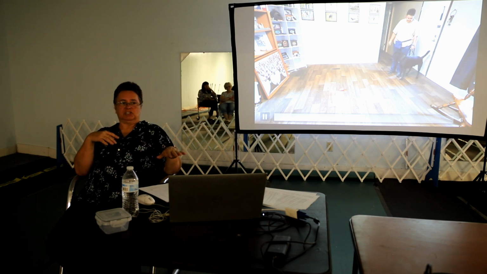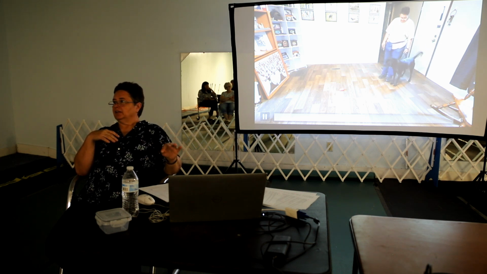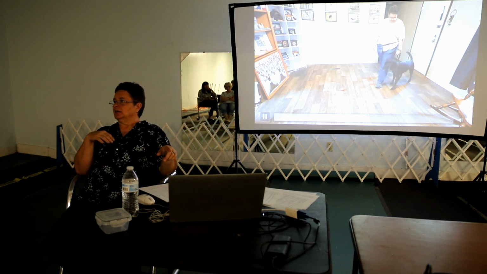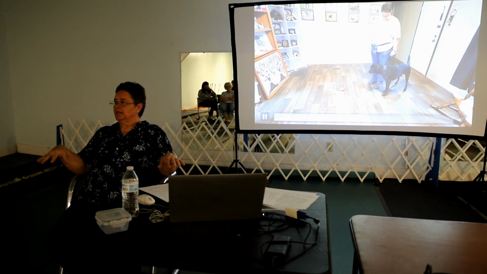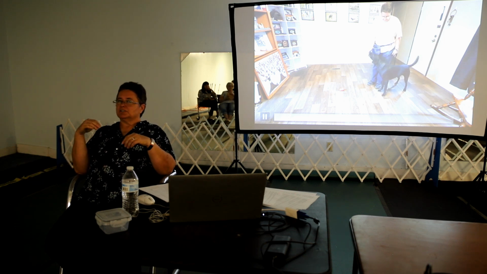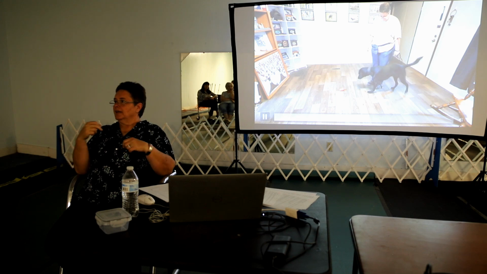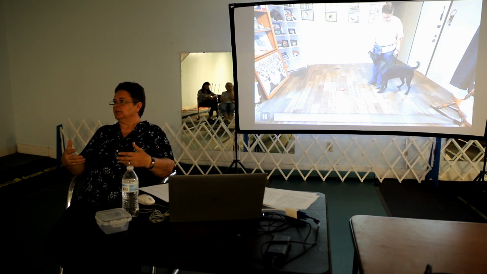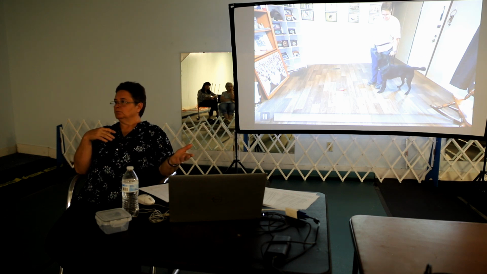If I'm going to teach him a cue for leave it and he doesn't know the cue, I'm going to start with this training as an implied leave it at first because he doesn't know the cue. And so telling him leave it isn't going to help because he doesn't know what that means until you teach him what it means.